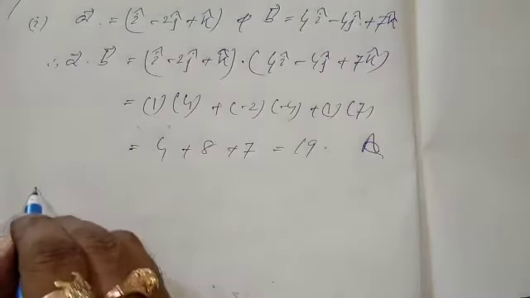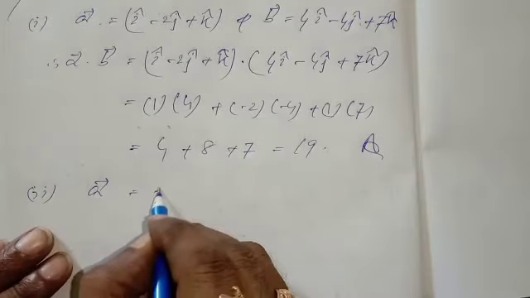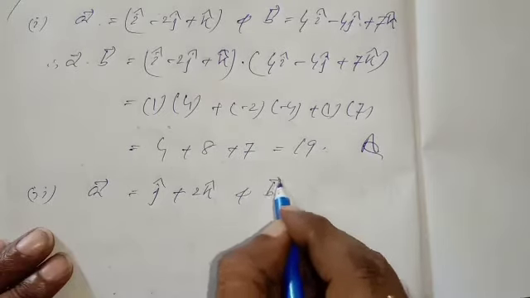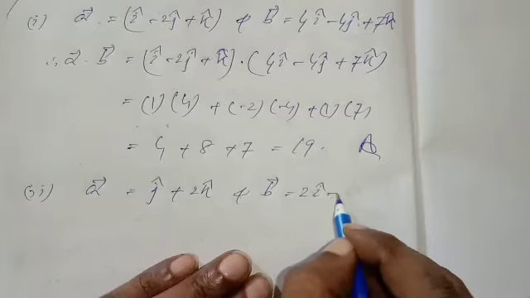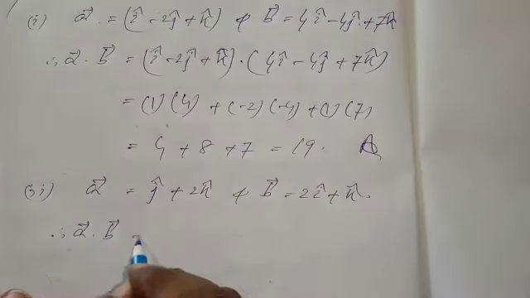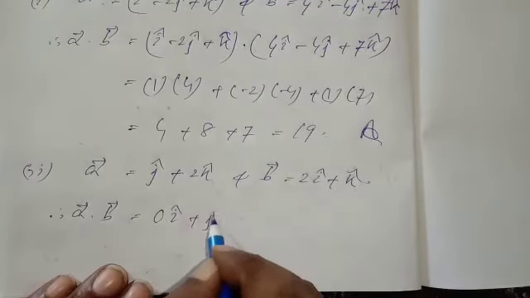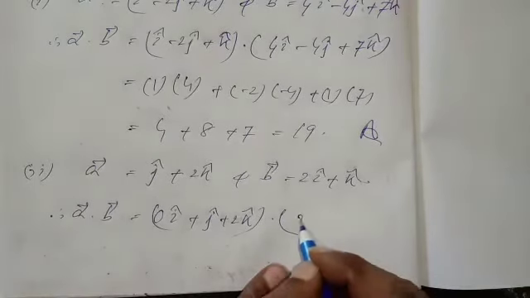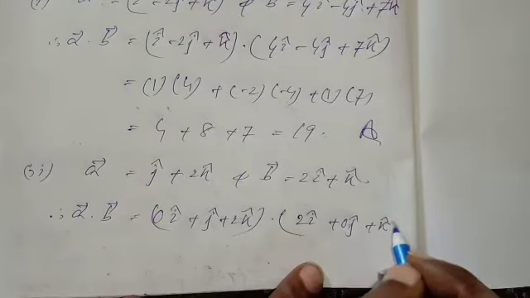Let us go to the second part. A vector is given as j plus 2k, and B vector is given as 2i plus k. Therefore A dot B: first write A, here i is not given, that means 0i plus j plus 2k, dot B vector, that is 2i, j not given so 0 into j, plus k.